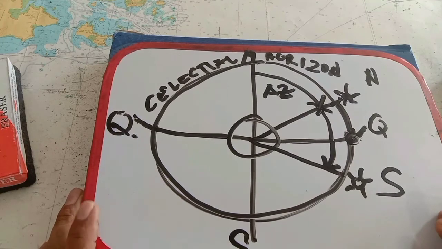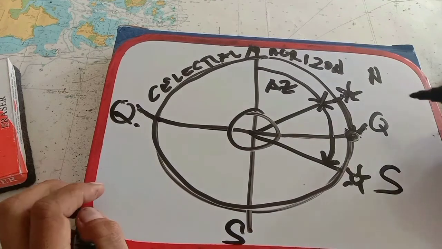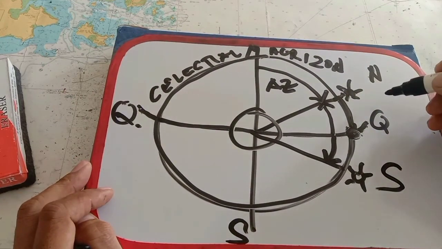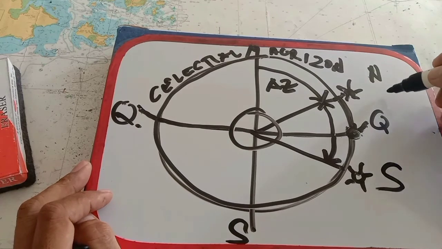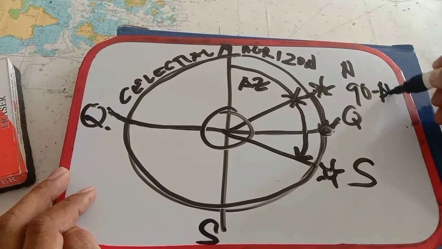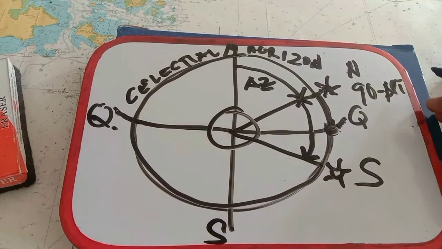So the true azimuth of the body is 90 degrees minus the amplitude, if the amplitude is north.